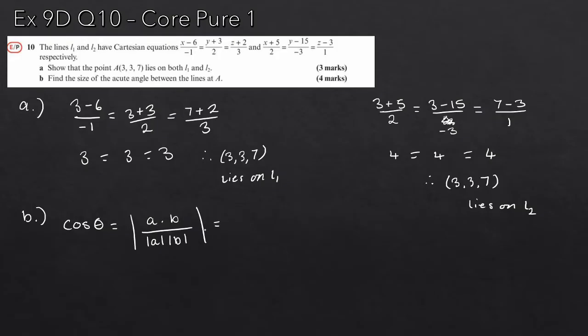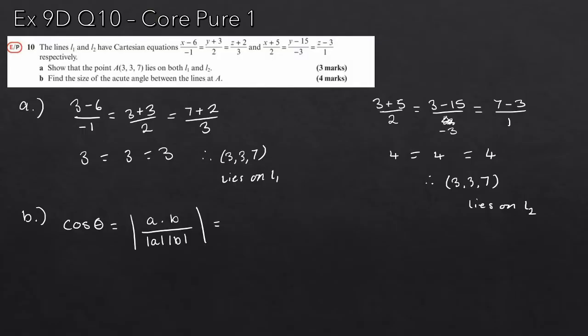So A dotted with B. So remember, for this, I have lost my original working for this, so we might have to do it by hand. Let's have a quick look if we can find it. Okay, so I've got all my original working. Makes life a bit easier for this one.